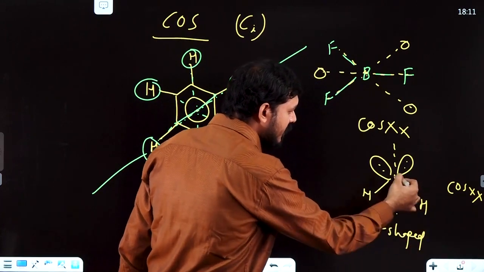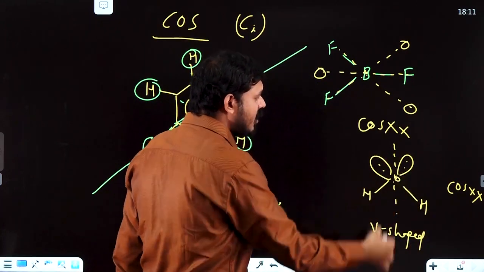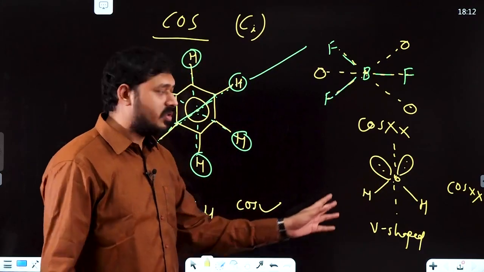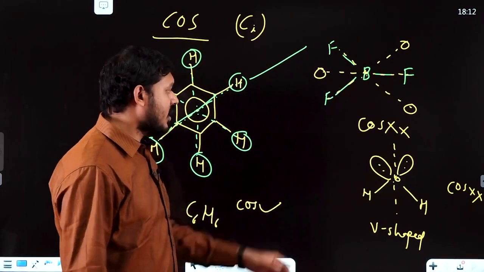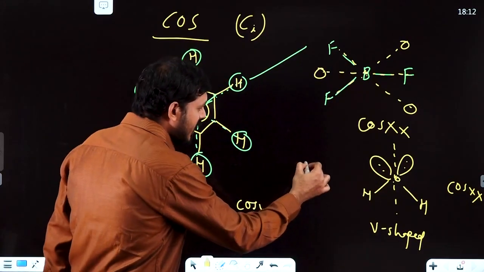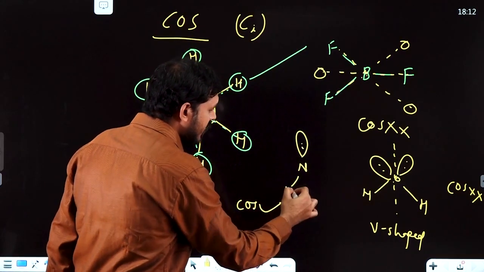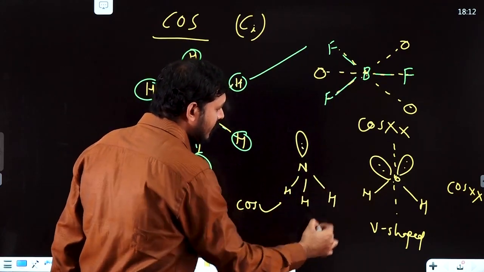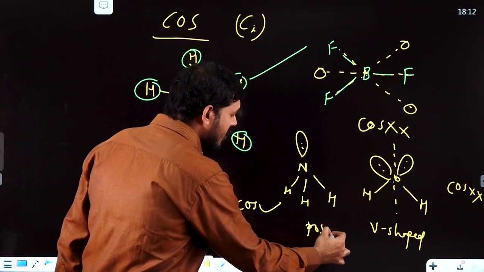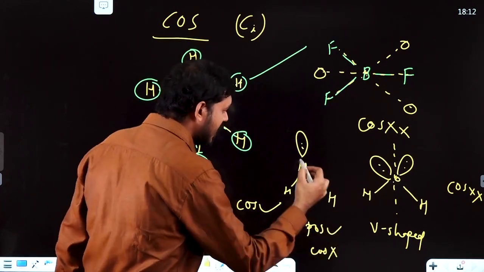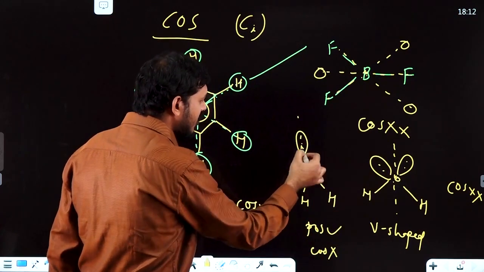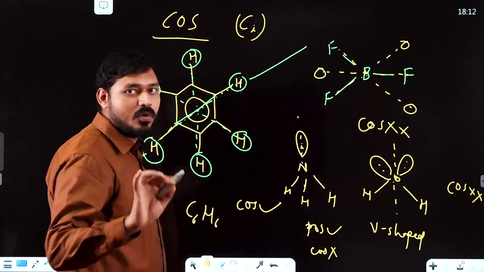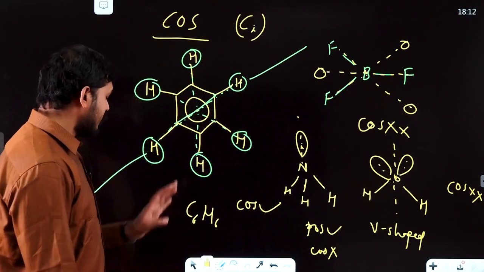So if you choose this side, then the opposite side will not be the hydrogen, OH bond. So it does not have COS. If I choose the example of NH3, lone pair this side, H, H and H. See, it has POS, but COS is absent. Why? Because if I go this side, lone pair, the opposite side has no lone pair. Clear?